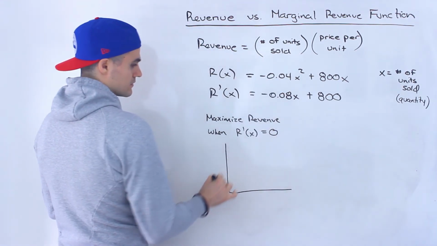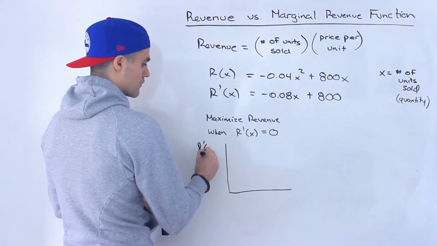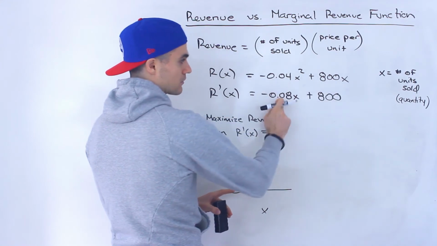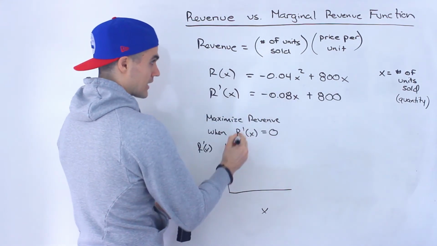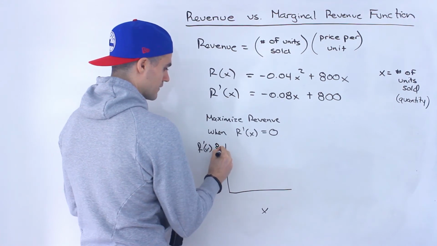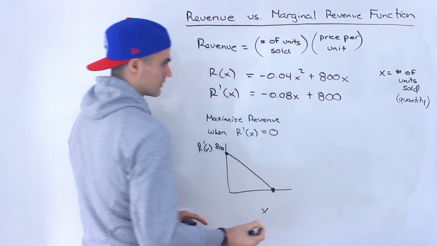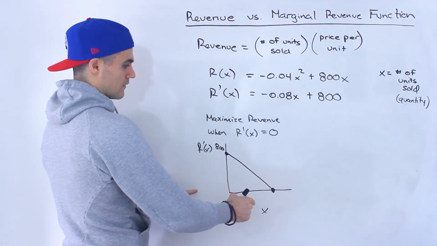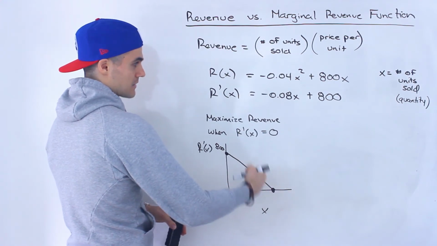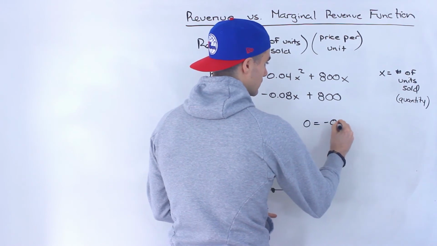So you can actually graph this over here. If we graph the marginal revenue function, notice that this is just a line with a negative slope. The line is starting at 800, and it's going to go down like that. Now, what's this here going to be? Well, that's going to be the x-intercept. So it's basically when that marginal revenue is going to be 0.